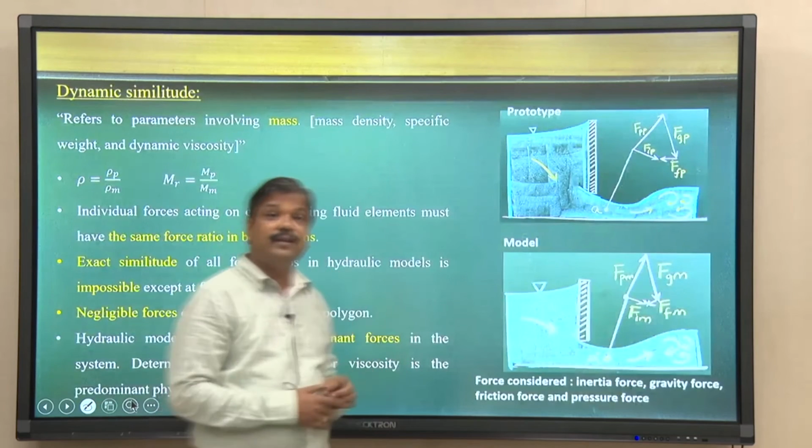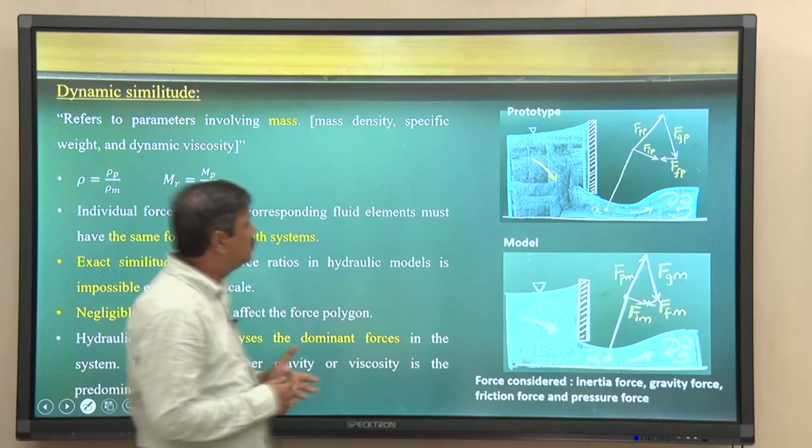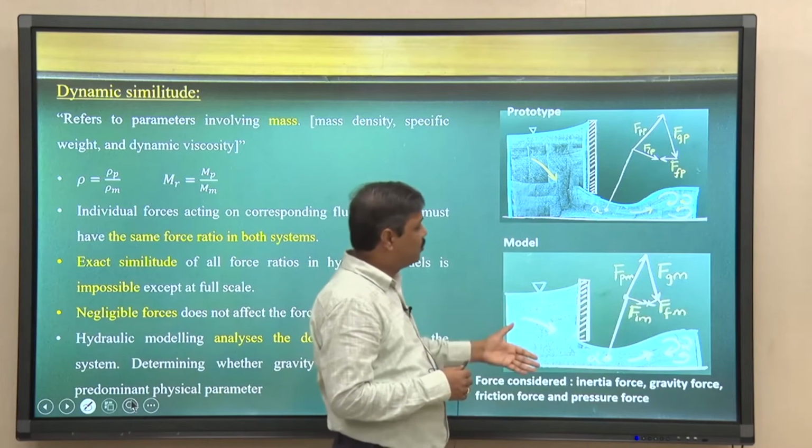Now, if you look at dynamic similitude, we are talking about the prototype and the model, which is a scaled-down model.